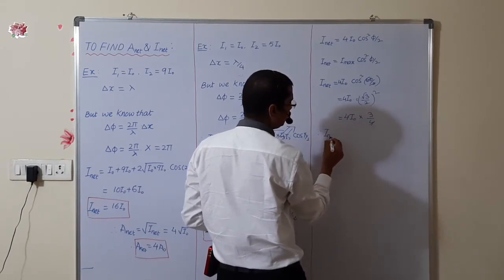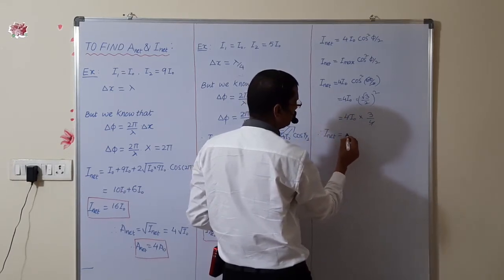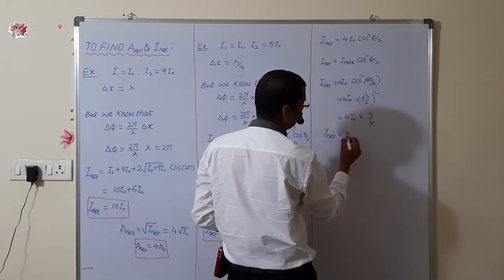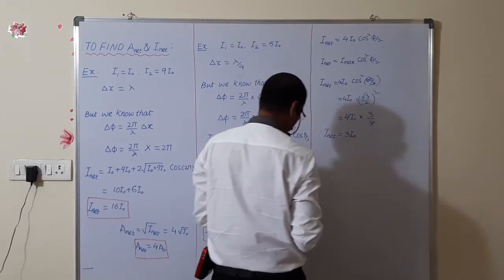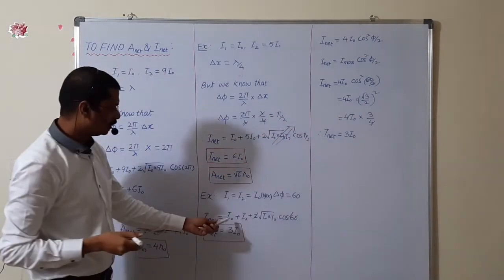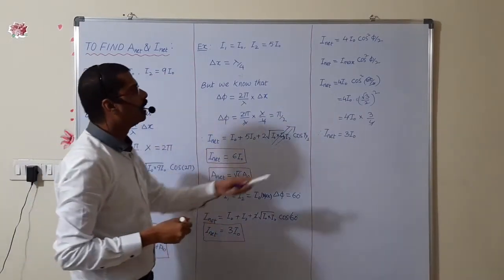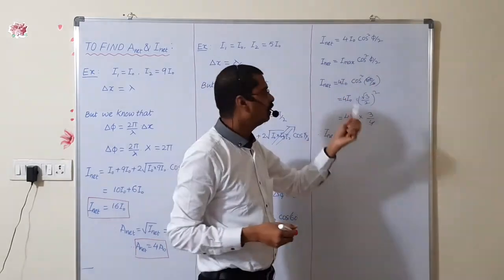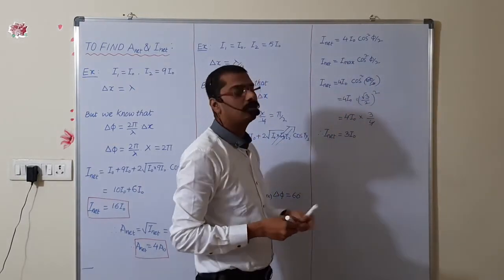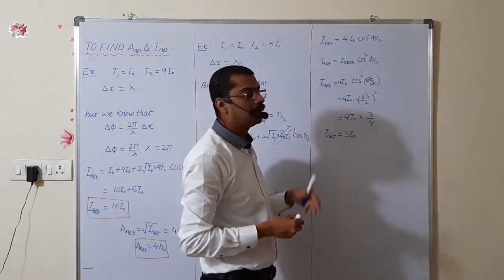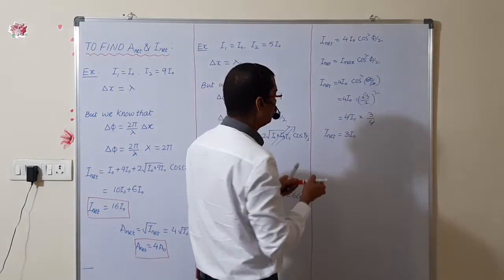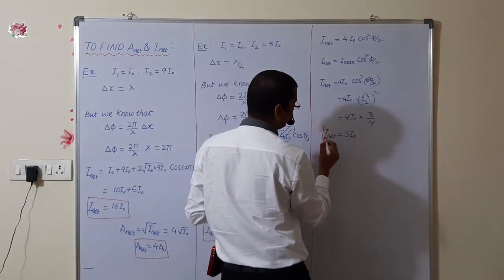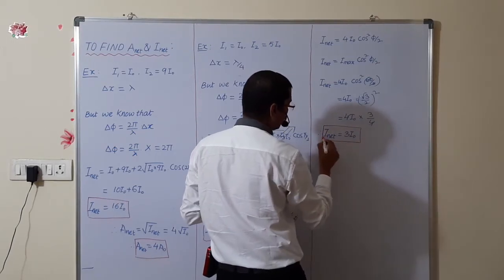Therefore, I net is equal to 3 I naught. So by using this also we can find I net. Whenever the two intensities are equal, we get one formula, I net is equal to 4 I naught cos square phi by 2. Substituting all the values, we can get the I net value.